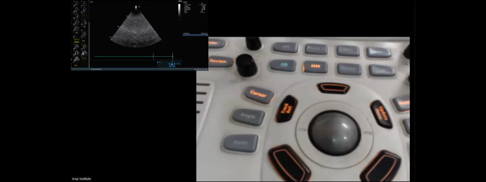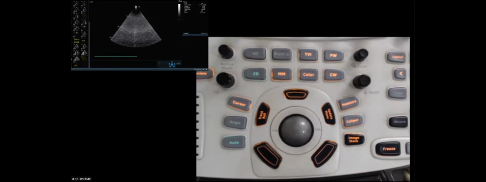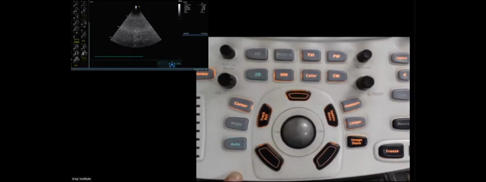All right, if you look at these knobs, we have these particular knobs which you can see very carefully and clearly. This is known as 2 dimensions or 2D, with which you can get back to 2D at any time from any place.